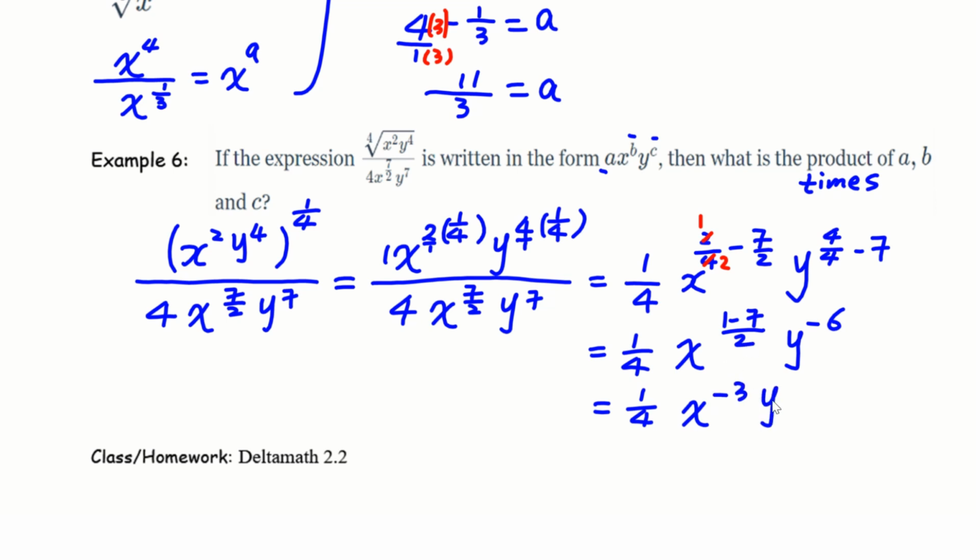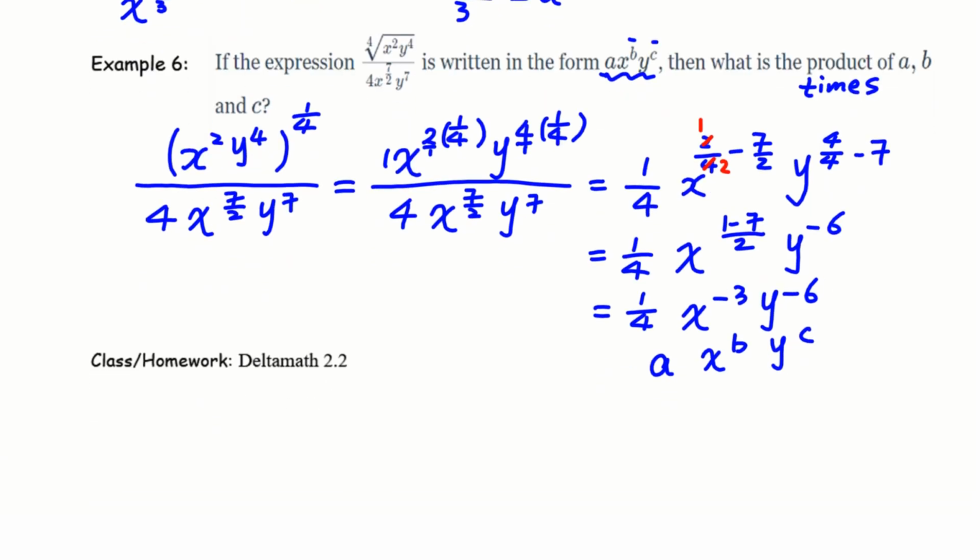So y to the exponent -6. Compare it with the form a x to the exponent b, y to the exponent c, then you will be able to see a equals 1 over 4, b equals negative 3, c equals negative 6.